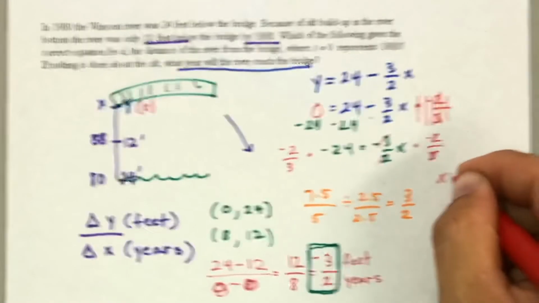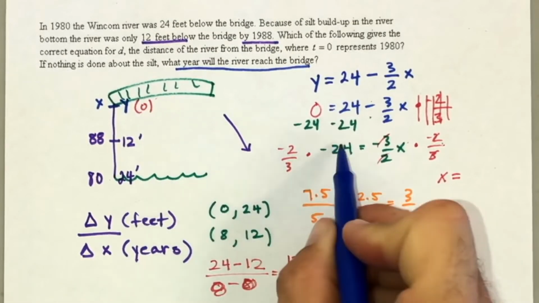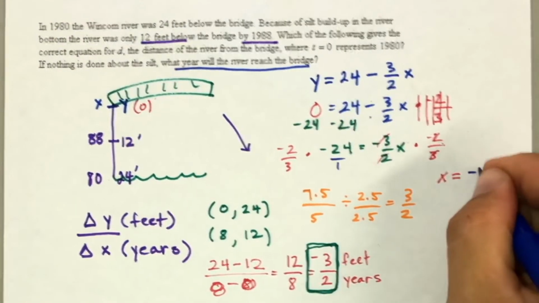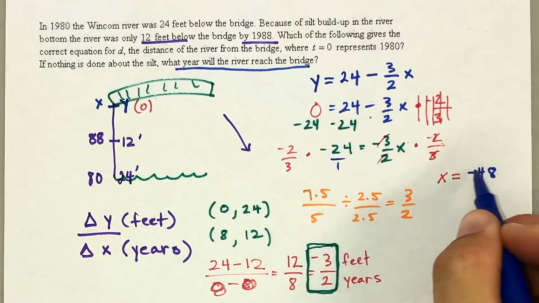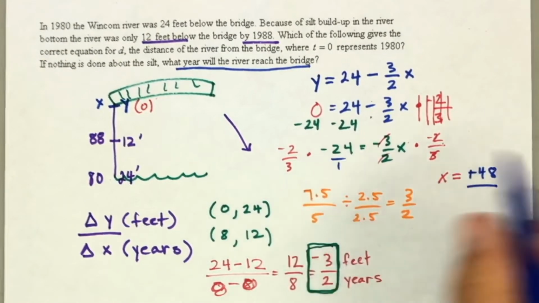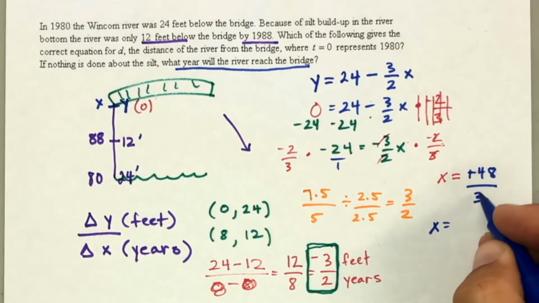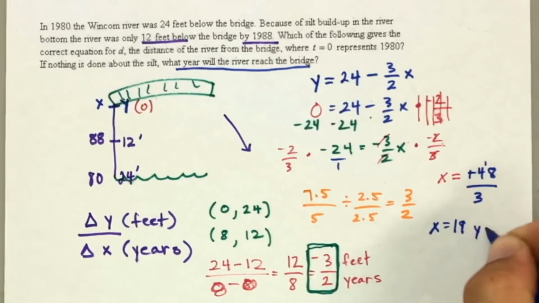And now x is equal to negative 2 times negative 24. We could put this over 1. Negative 48. Or negative and negative is actually a positive. 48 over 3, which is 3 goes into 4 once, with 1 left over, 19 years.